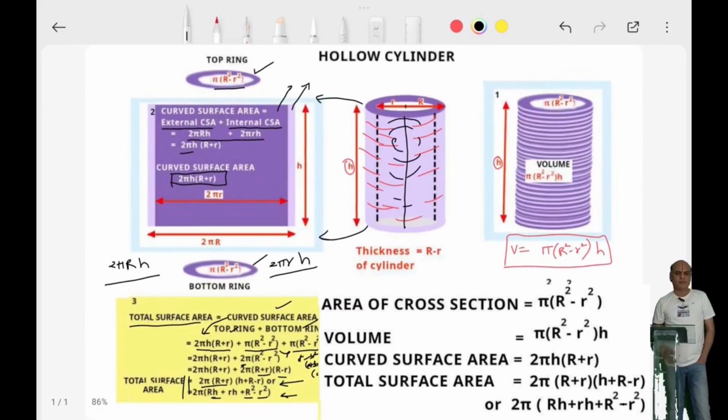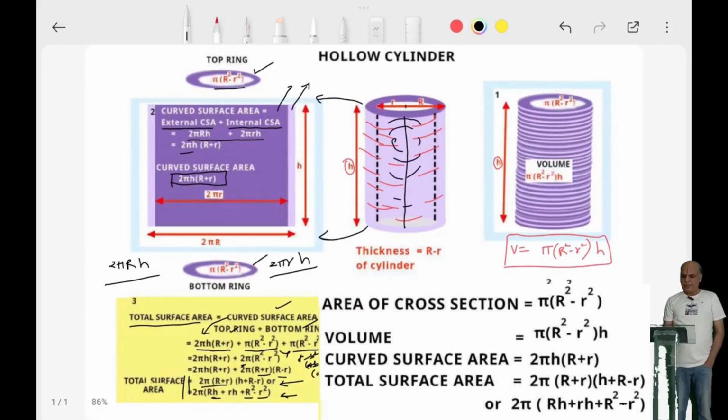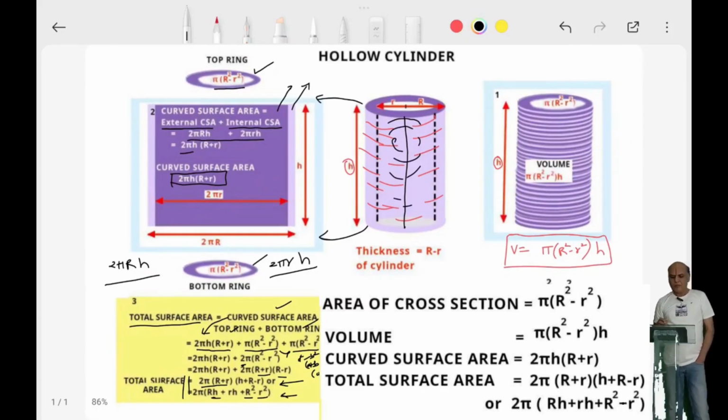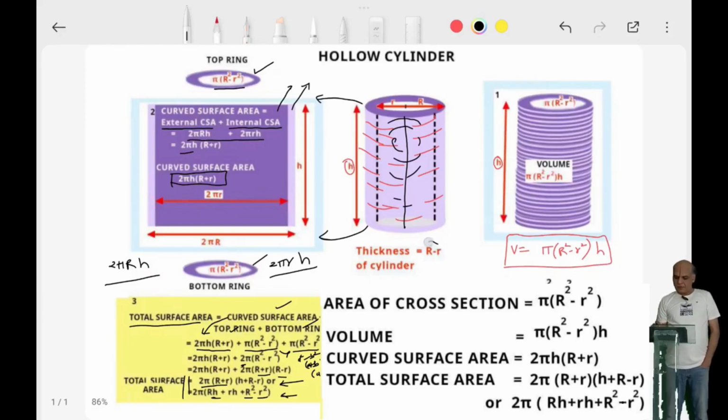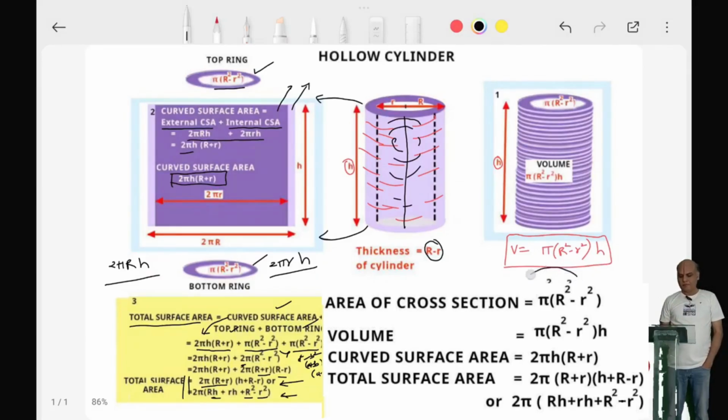So in a hollow cylinder, what we need to remember is the thickness of the cylinder is given by capital R minus small r. Area of cross section is given as pi capital R square minus small r square. The volume is given as pi capital R square minus small r square into height. Curved surface area is given as 2 pi h into R plus r.